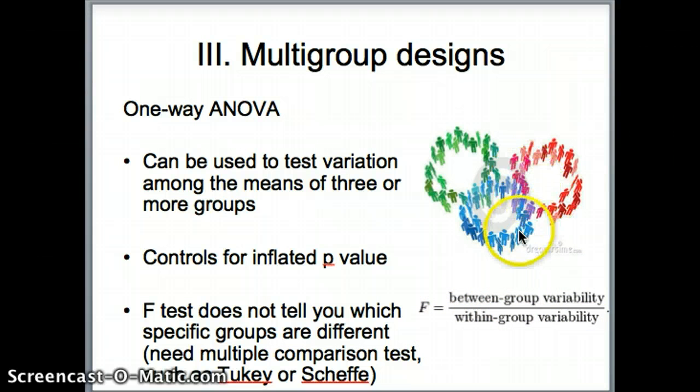So if you have three groups and you're interested in seeing if those three groups are different in some way, the F ratio takes into account within group variability and also between group variability. And it does it for each group with every other group. By doing this, within the formula, it controls for an inflated p-value.